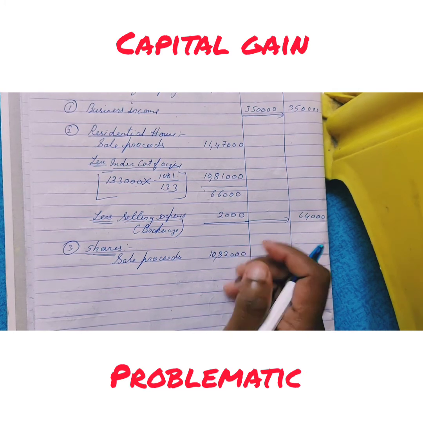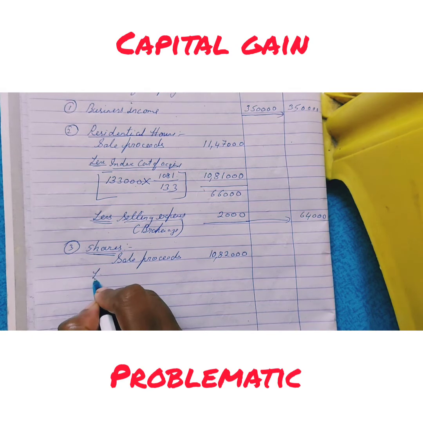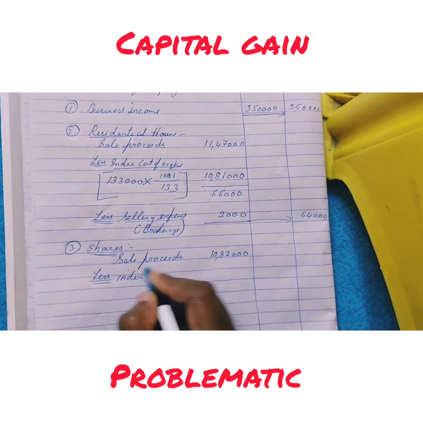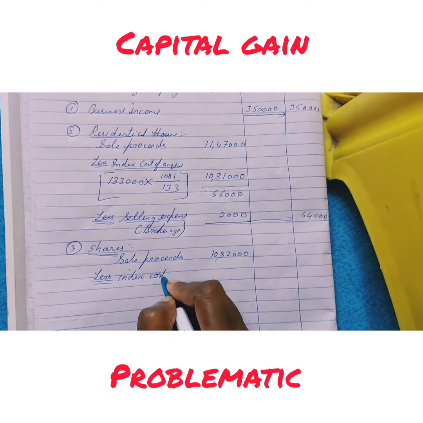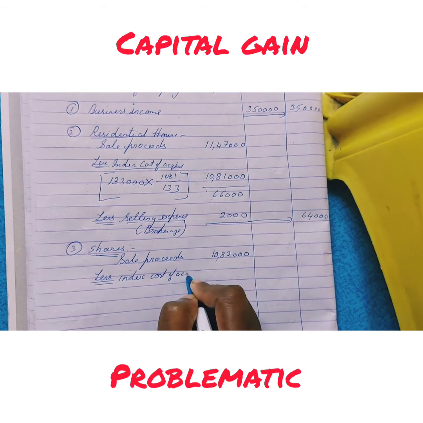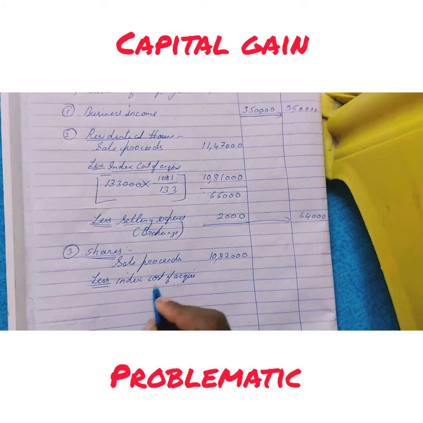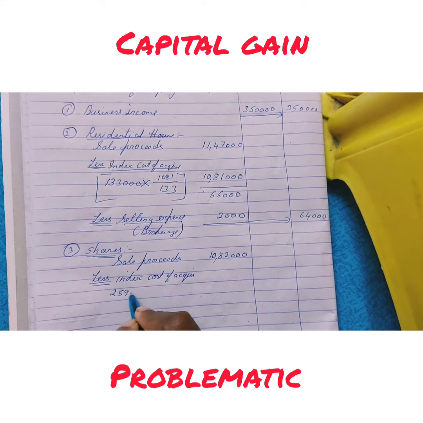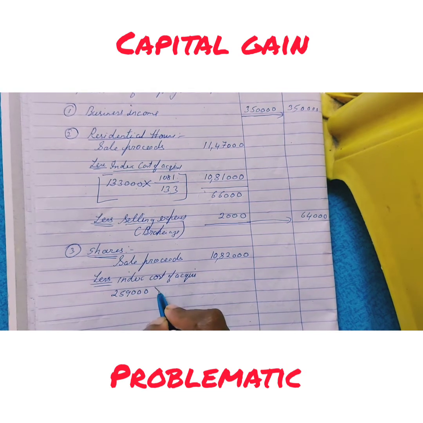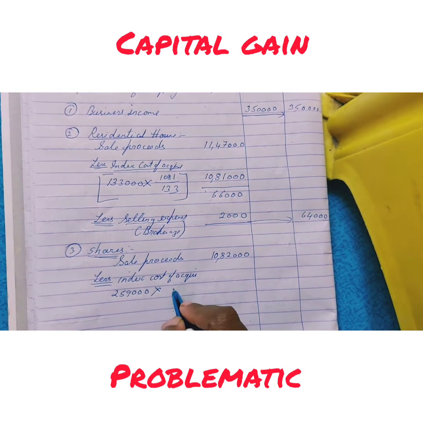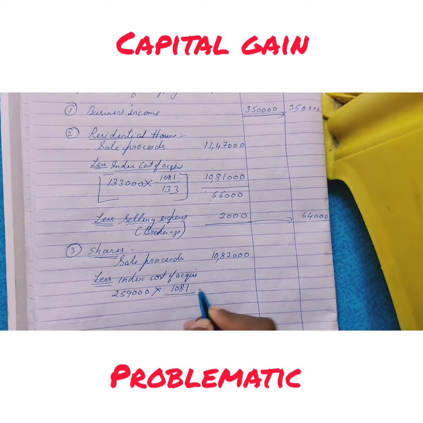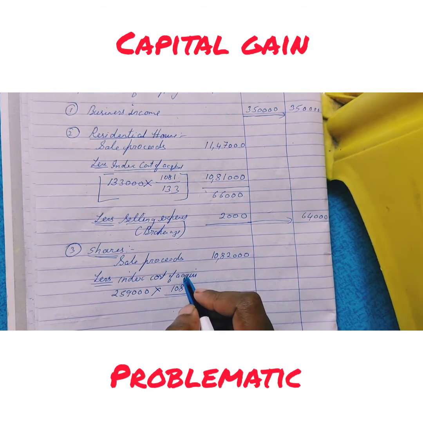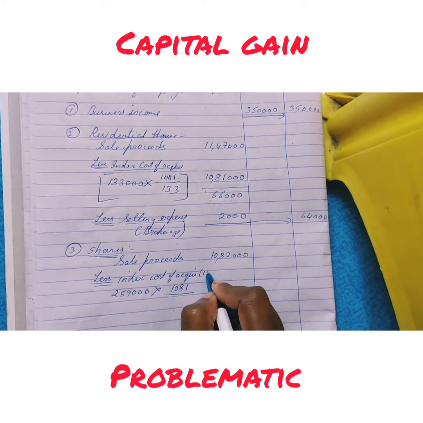So purchase price is given, that means we have to calculate less index cost of acquisition. The cost of acquisition is 2,59,000 into previous year's index divided by the index of the year of purchase, which was 1994.